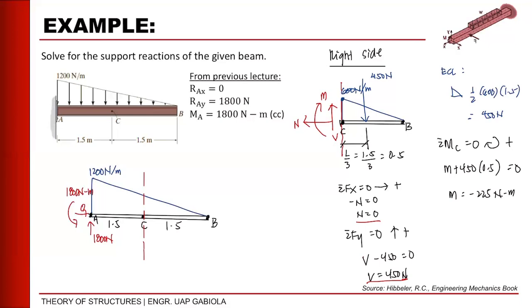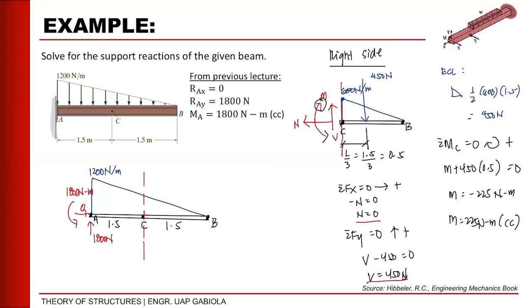Okay? Now, we can see na negative yung sign natin. Ibig sabihin, again, yung assumption natin na clockwise siya is incorrect. So, dapat siya ay counterclockwise. So, M natin is equals to 225 Newton meter. Tapos, ang ano natin is counterclockwise.